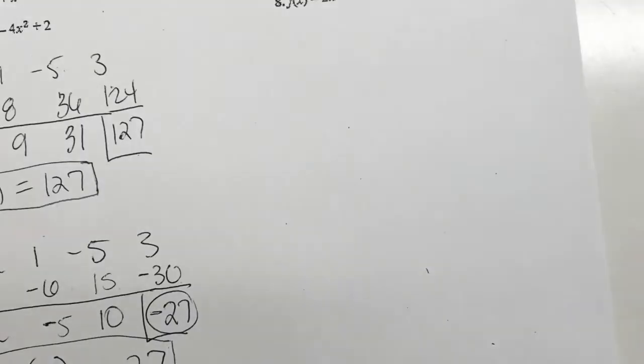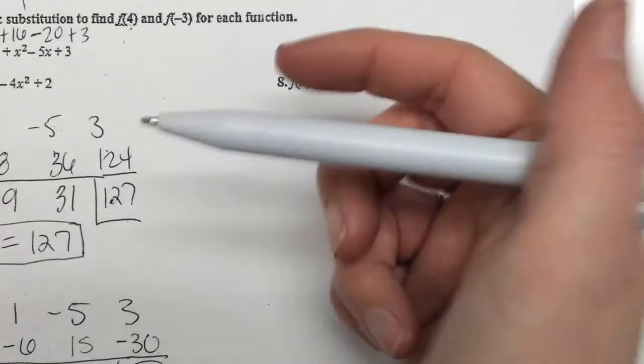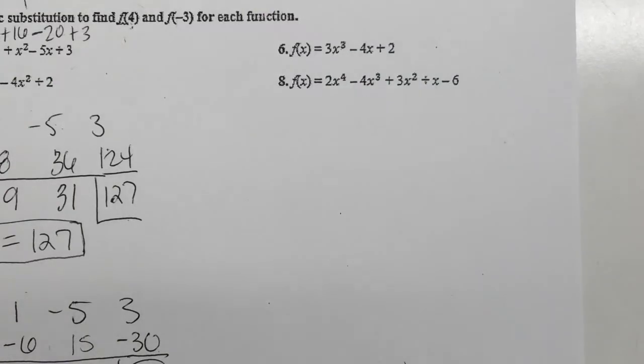Alright. I want you to do number 6 on your own. So find f of 4 and f of negative 3 for number 6.